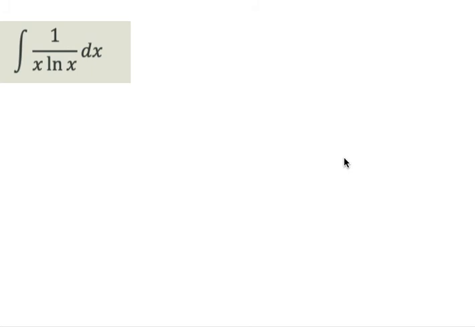Do you notice something, that its derivative is in there? Let's look at the two parts. What's the derivative of x? 1. So we have a 1 there, but that doesn't help us with this. What's the derivative of ln x? 1 over x, and that takes care of this right here, right?